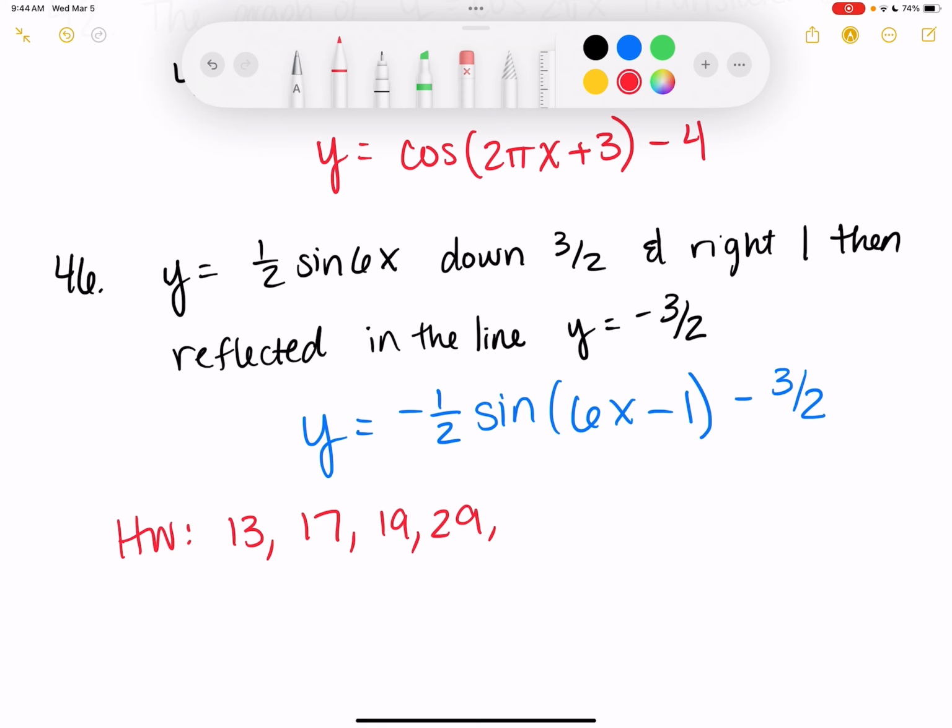So that gives you some sine and cosine and a sine and a cosine one that have been reflected. And then 43 and 45, which are the two that you're writing the equations for them. So you have the rest of the time, just shy of 30 minutes, so you should have plenty of time.